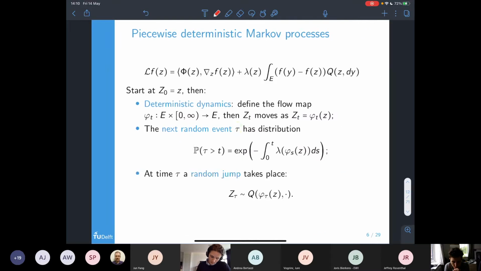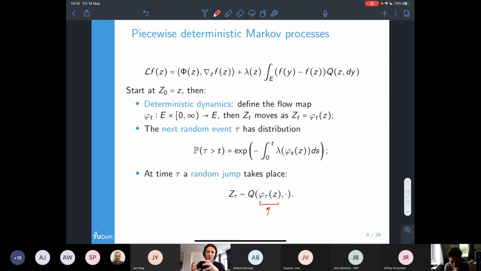The final thing is what happens when we reach the random time. At time tau, we will have a random jump, and as I said, this is governed by the Markov kernel Q. What we're doing is moving for time tau, starting at state Z, with the deterministic dynamics.